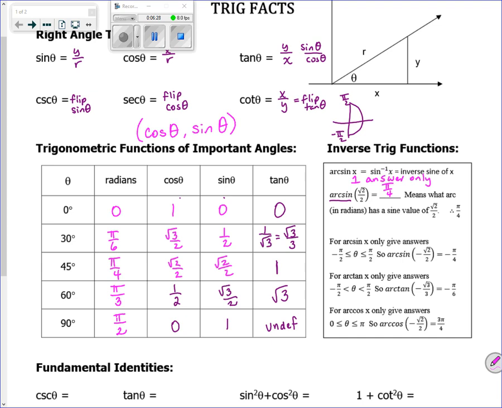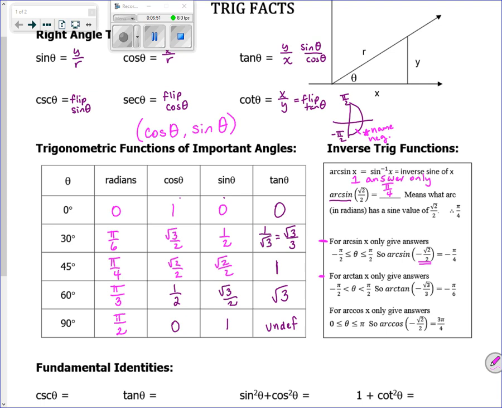However, if I say arc sine of negative square root 2 over 2, I think we'd all agree that we'd be down there. However, you can't name it as 7 pi over 4. You have to remember in quadrant 4 to name these negatively. And you will do that for arc sine and arc tangent.